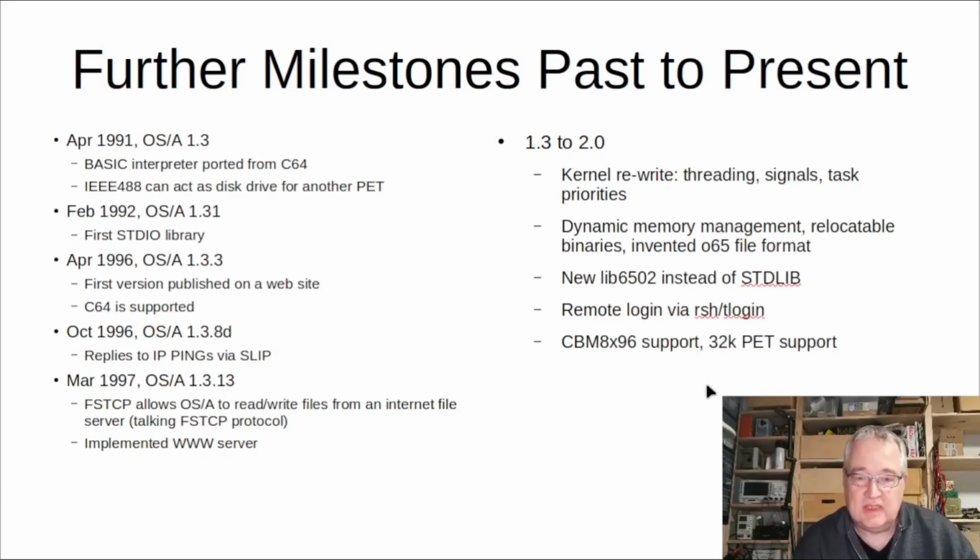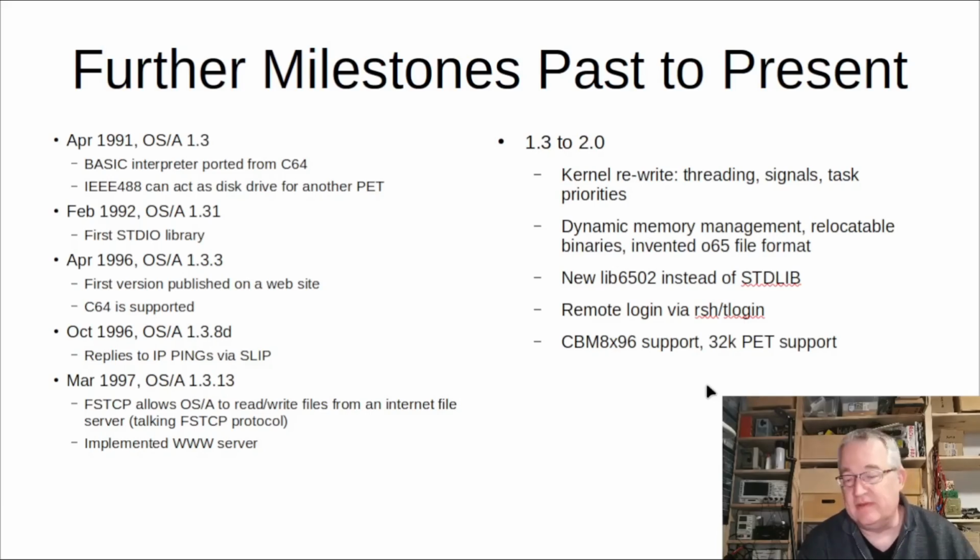Also, there is a relocatable file format. So binaries you load into the system are automatically relocated to where enough free memory is, and are run from there. Also, there is dynamic linking. So the kernel, depending on the architecture, can be at any address.